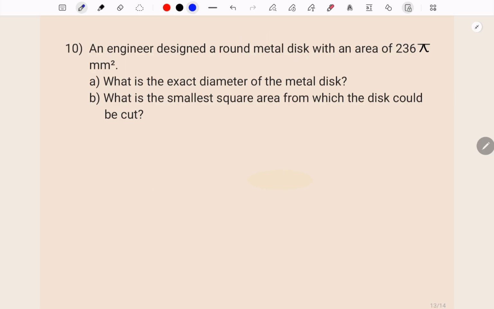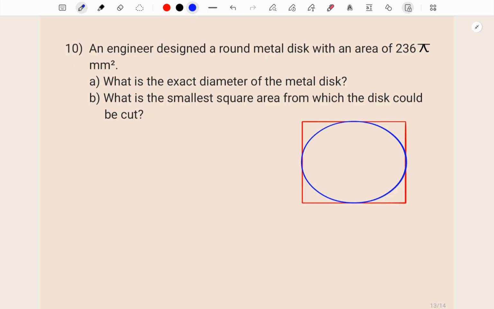Now let's solve the B part of the question. We want the smallest square area from which the circular disc can be cut. So in this figure, the square is drawn using the red ink and the circle is drawn using the blue ink.